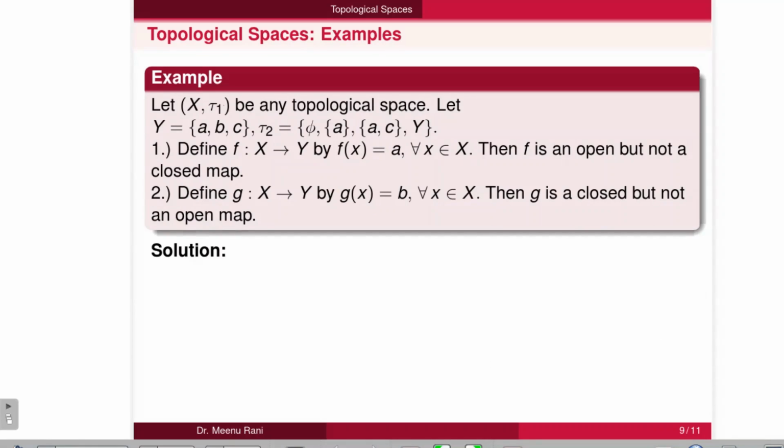So further we have another example. Let X, tau 1 be a topological space and Y is another set here which is containing A, B, C, and tau 2 is a topology on Y. Then in the first part, F is a function from X to Y, which is given by F of x is equal to A for all x belonging to X. It means all the points of X are mapping to the point A only.